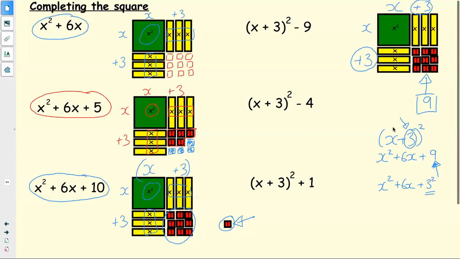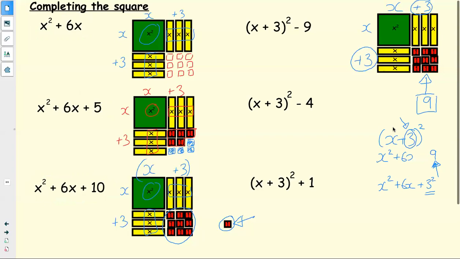Okay, so let's try and think of a simpler way of doing this. If I went over to the left hand side here and I thought about this extra 9 that's always going to be at the end.